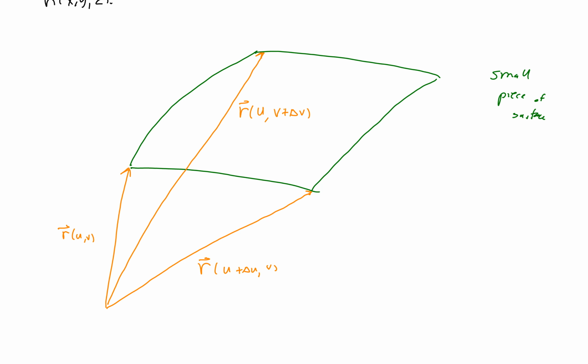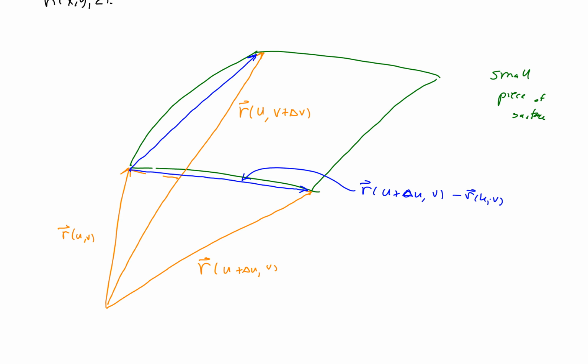And we know that we can take the tips of these vectors and form these vectors here, and this vector is given by r of u plus delta u, v minus r of u v. And similarly here we have a vector going this way, and this vector is r of u, v plus delta v minus r of u v.